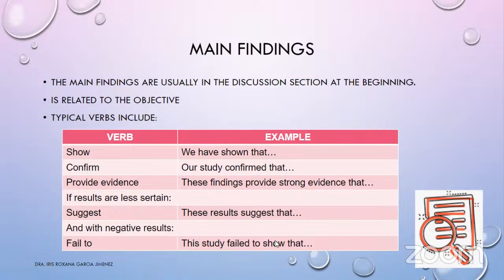This study failed to show that, right? Getting these verbs, these ways of expression, it is easier to catch how this article could be properly translated maybe, or properly understood.